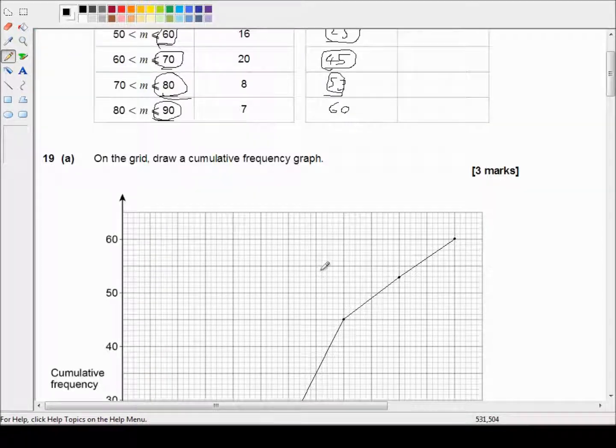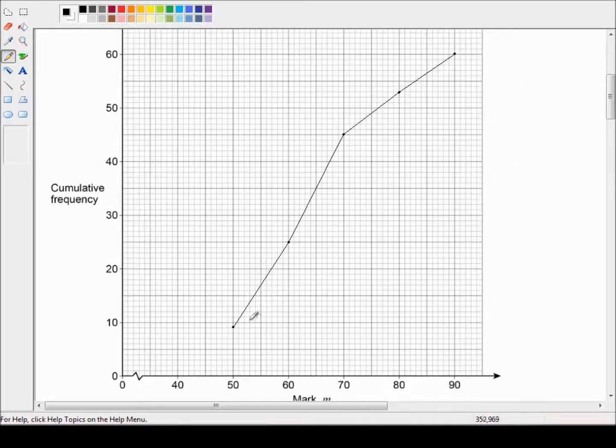Now, to draw a cumulative frequency graph, ideally it should be a nice smooth hand-drawn curve, and it should look sort of vaguely S-shaped, but in an exam don't waste time with that, especially if you're not a good artist. Just grab your ruler and join the dots.